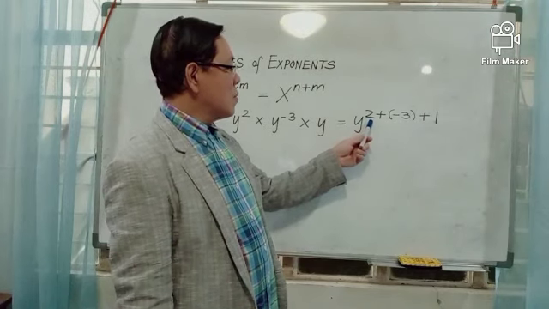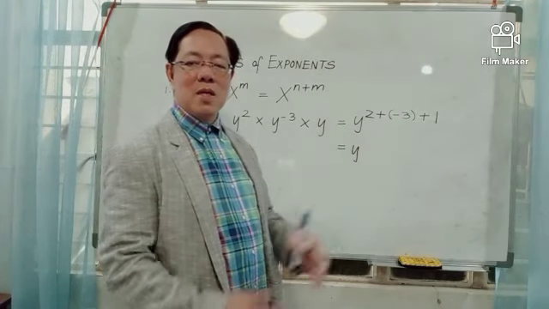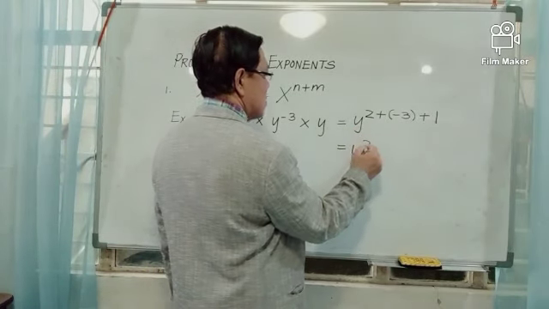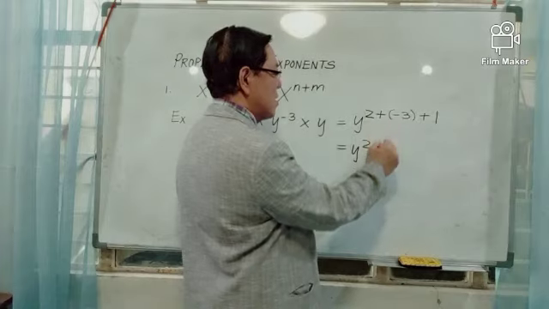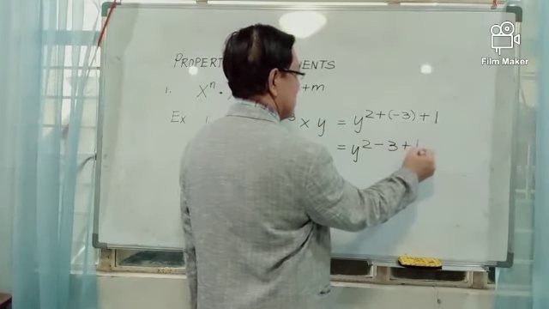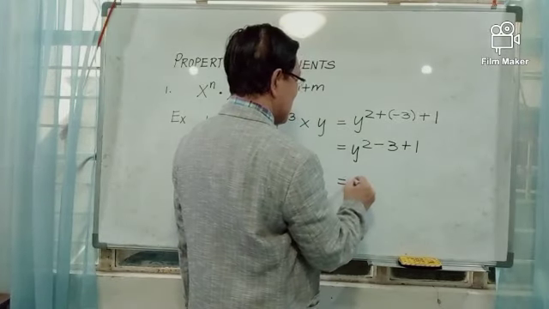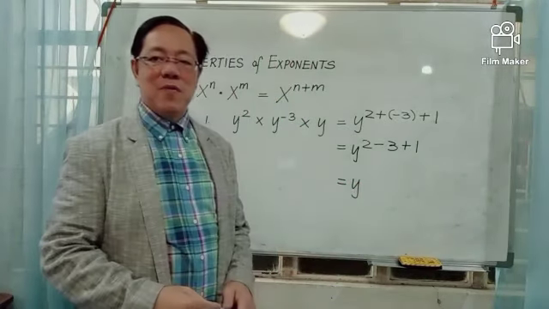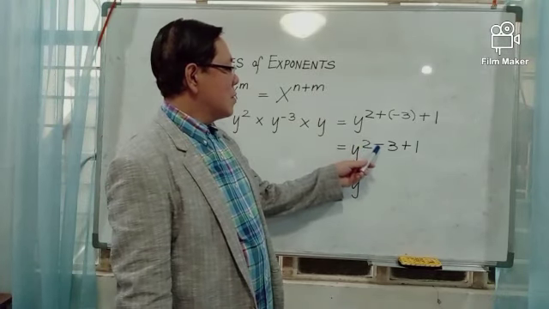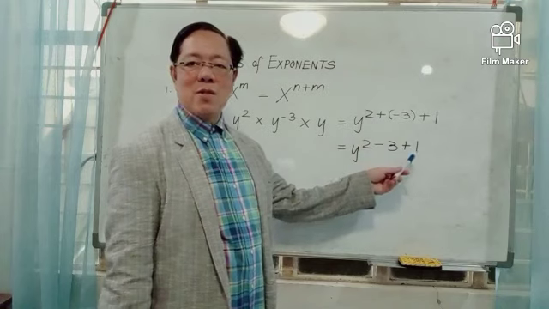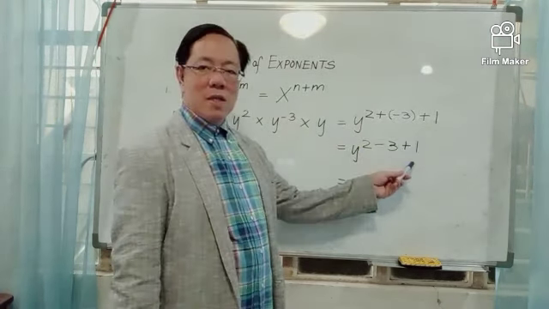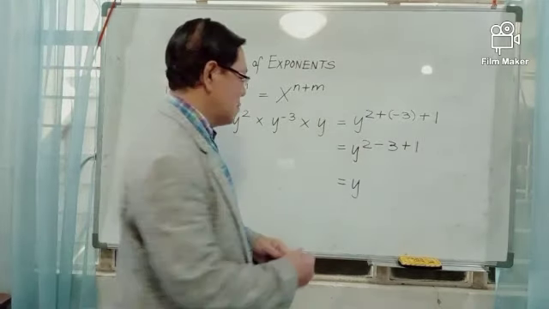We have 2 plus negative 3 plus 1, and we get y to the power. Simplify further the exponent. We have 2 minus 3 plus 1. We have 2 plus 1 is 3. Minus 3 is 0.